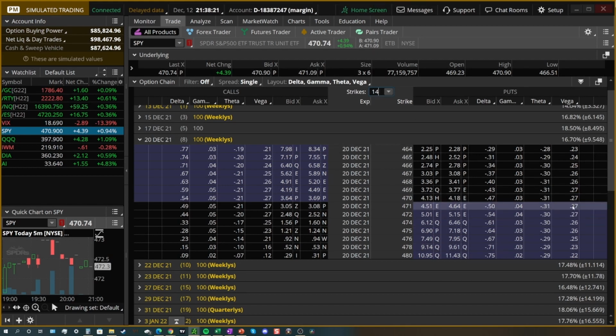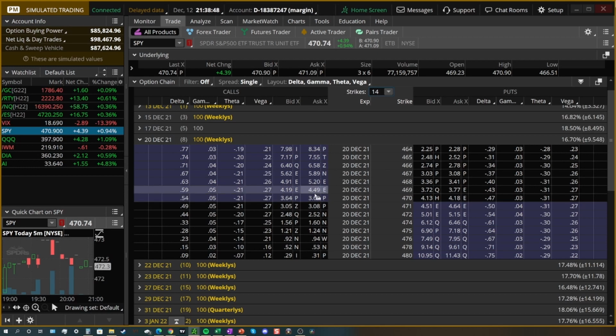So what we can see with Vega here is an expectation of what the price will do if implied volatility went up. Let's say implied volatility was at 33% and it went to 34%.